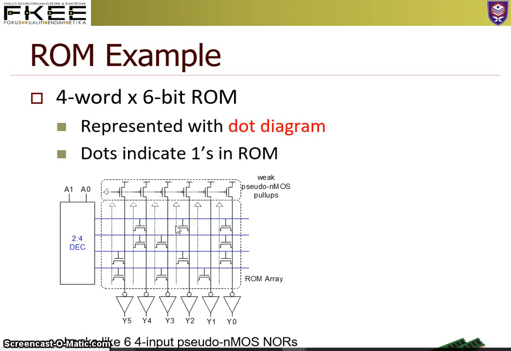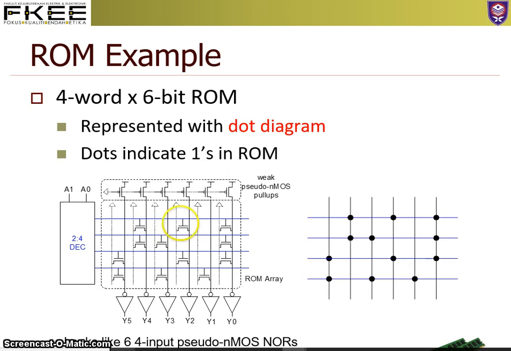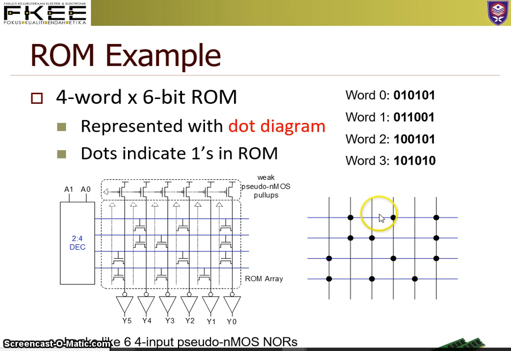So usually we represent this particular structure just with a dot. When there is NMOS, we put a dot over here. Similarly for this, there is NMOS, so there is a dot over here. So usually we write in this way.